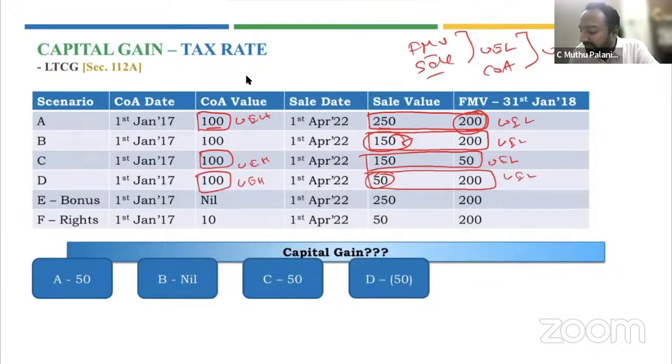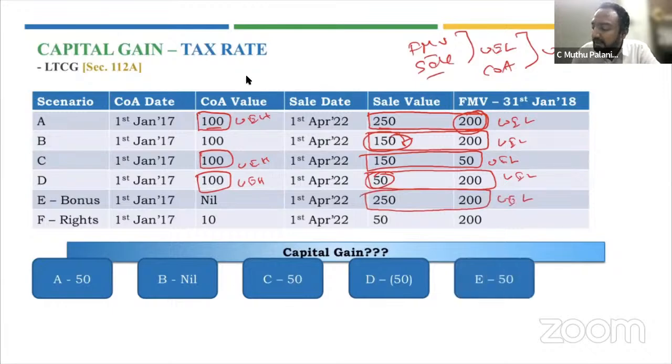Next one is, 250 is my sale value. Fair market value is 200. So out of 250 and 200, whichever is lower, I'll take 200. 200 or nil, whichever is higher, I'll take 200. So 250 minus 200, 50 will be my gain. And the last one: my cost value is 10, my sale value is 50, my fair market value is 200.